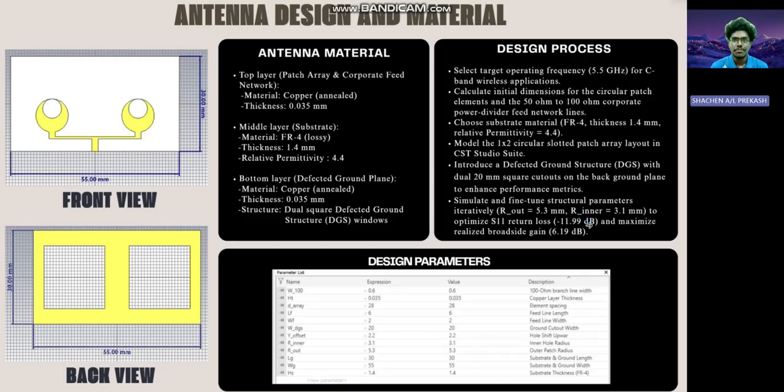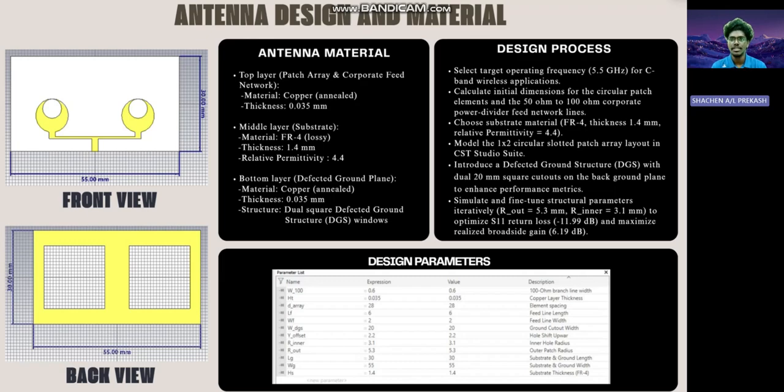Okay, let's move to the design process. Select the target operating frequency of 5.5 gigahertz for C-band wireless application. Next, calculate initial dimensions for the circular patch elements and the 50 ohm to 100 ohm corporate power divider feed network lines.